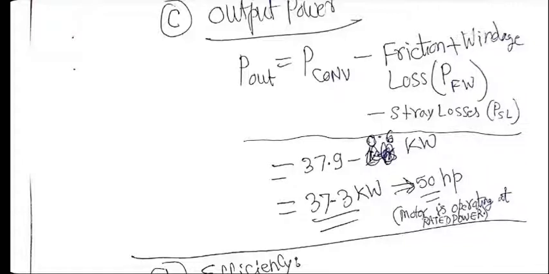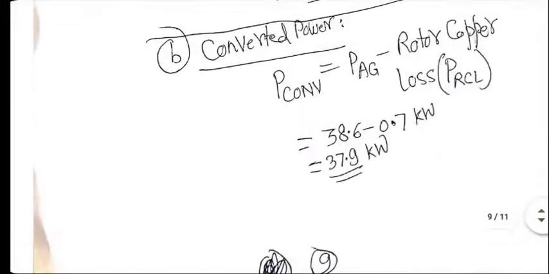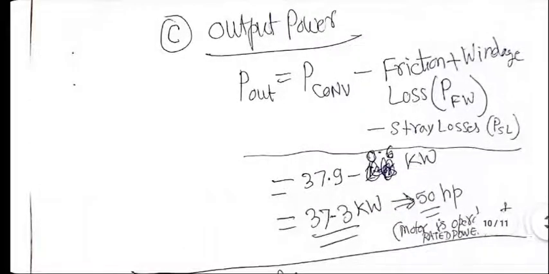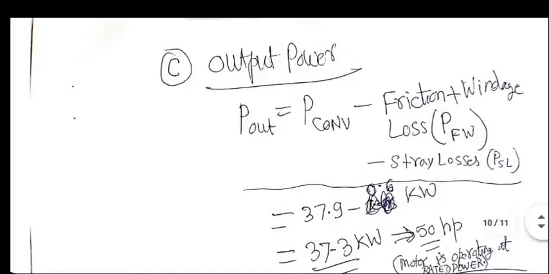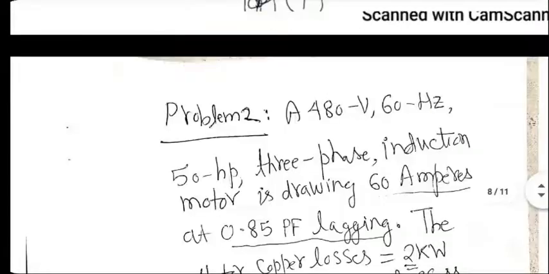And stray losses are not there. They are given as 0. So basically output power will be converted power minus all the mechanical losses. That means friction plus windage plus stray losses. Stray losses are 0. So output power will work out to 37.9 kilowatt minus 0.6 kilowatt, which is 37.3 kilowatt. And this works out to almost 50 horsepower, the rated value of the output power.